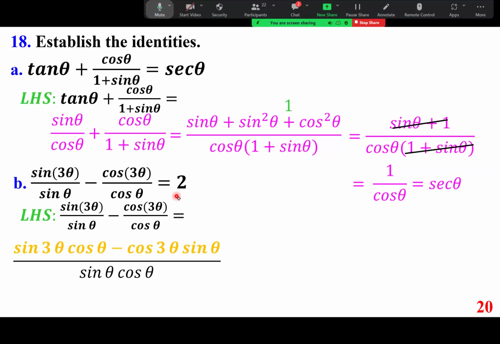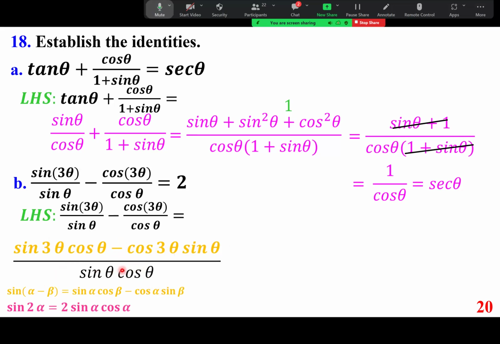Here's what we notice. Sine alpha cosine beta minus cosine alpha sine beta, that's sine of alpha minus beta. And this one, we remember sine of 2 alpha is 2 sine alpha cosine alpha. Therefore, this is half of that. So this one follows this formula, becomes sine of 3 theta minus theta.